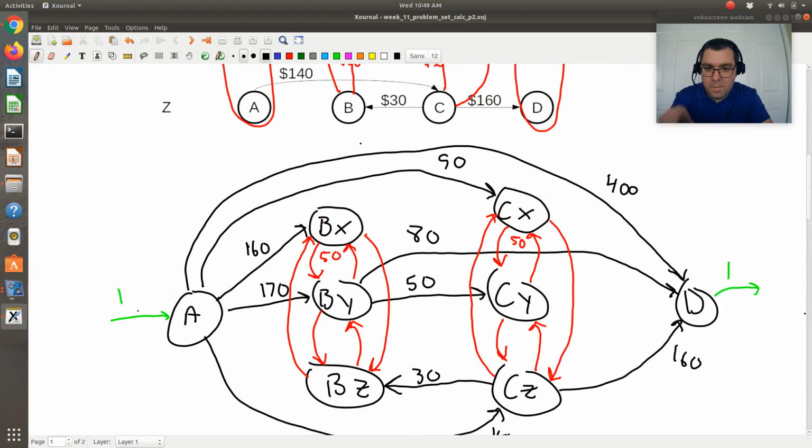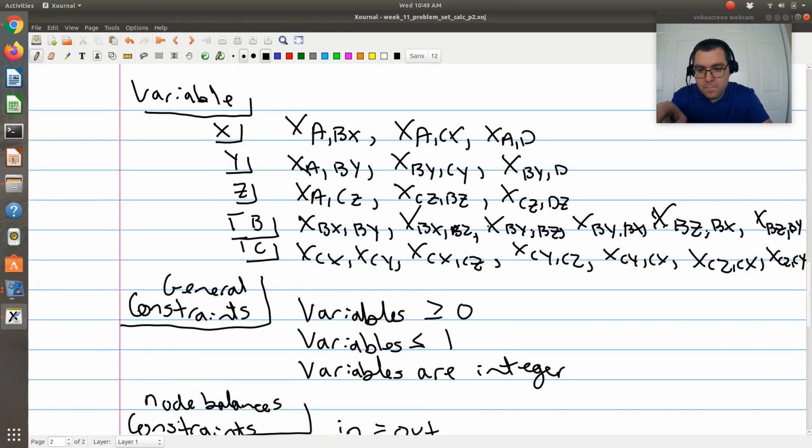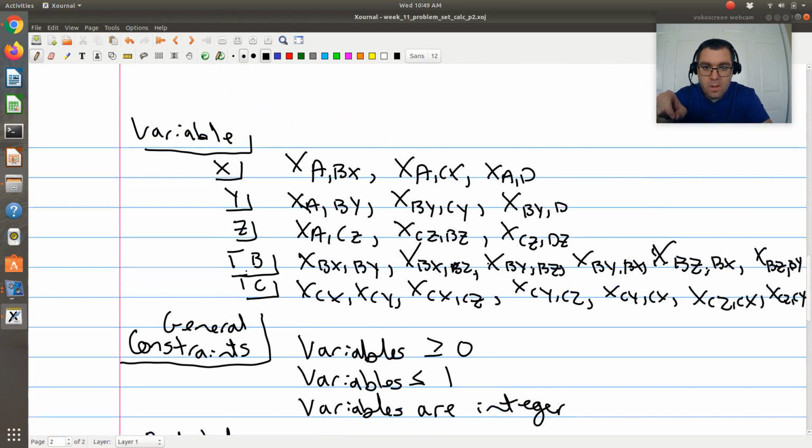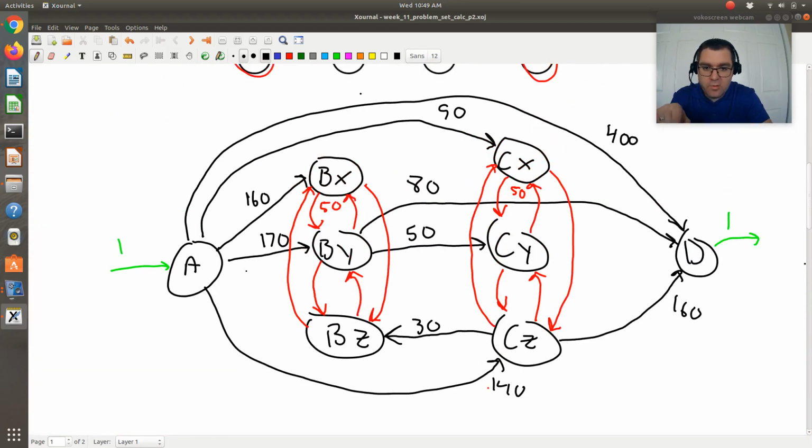I just want to look at BX because now I just have one flight coming in, and that's from A. Okay, so in is XABX. Okay, so that's flights in. Now do I have any transfers in? Do I have any red arrows in? I could transfer in from Z and Y. Okay, so coming in, I have XBZBX and BYBX.